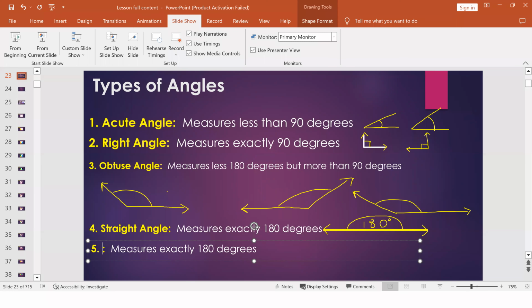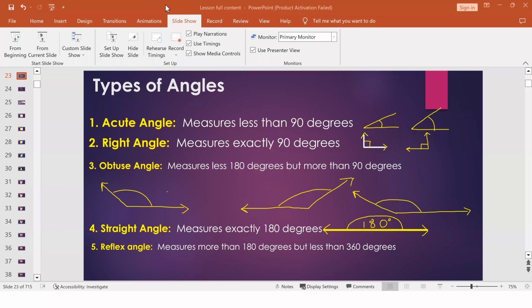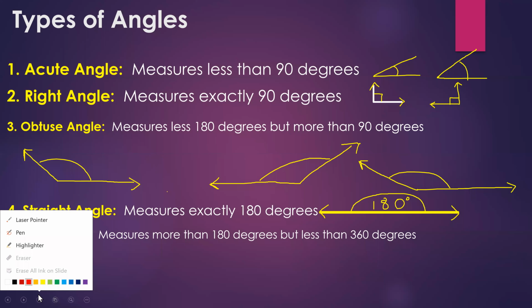So the next one is the reflex angle. A reflex angle measures more than 180 degrees, but less than what? 360 degrees. Okay, that's the reflex angle. So a reflex angle is more than 180 degrees, but less than 360. It's going to look like this.